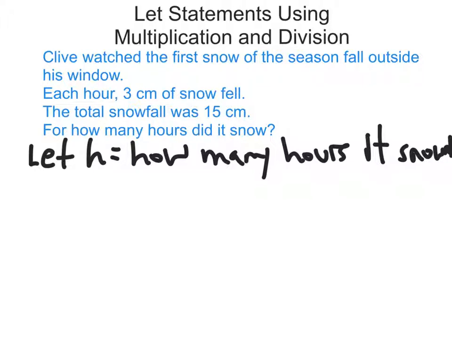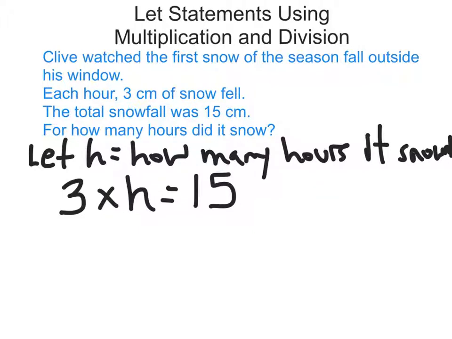So I could maybe write 3 centimeters of snow times however many hours equals 15 centimeters altogether. Okay. Thinking fact families, I could also write h times 3 equals 15.